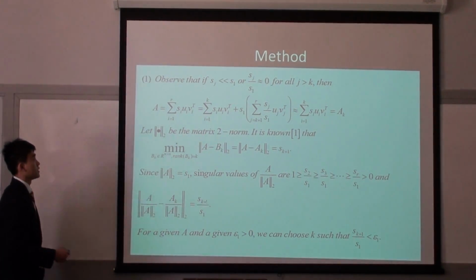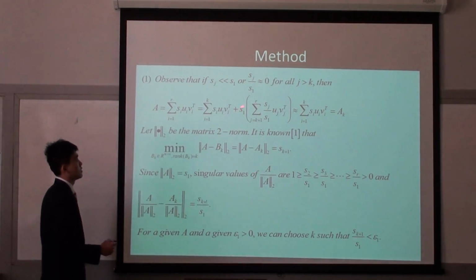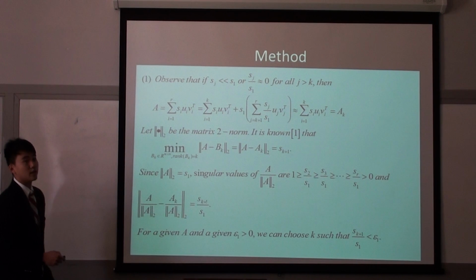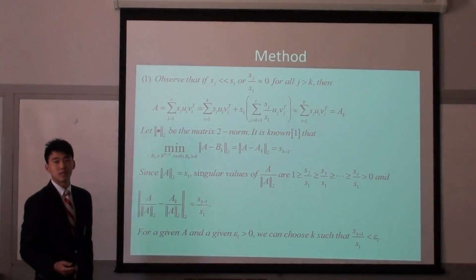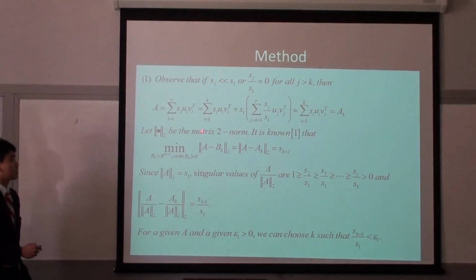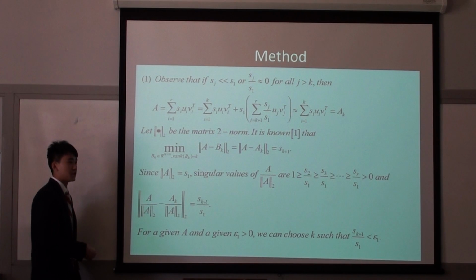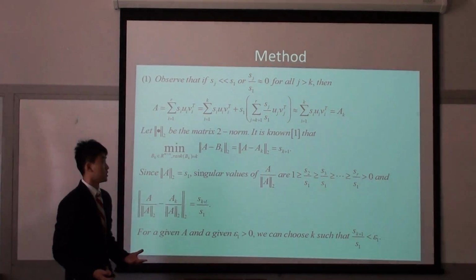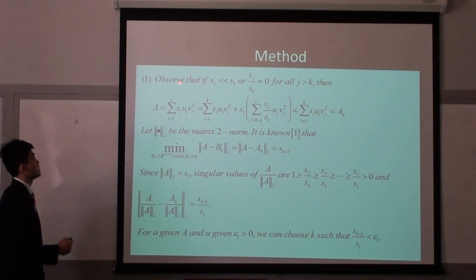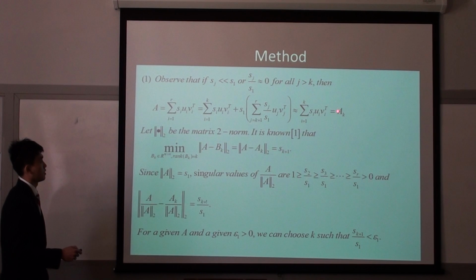So our theory is, if the second part of this formula is really close to 0, that means we can ignore it, because even if you add those back, which is a lot of information, it couldn't make much difference. So that's our theory. Eventually we can replace the original matrix by A sub k.